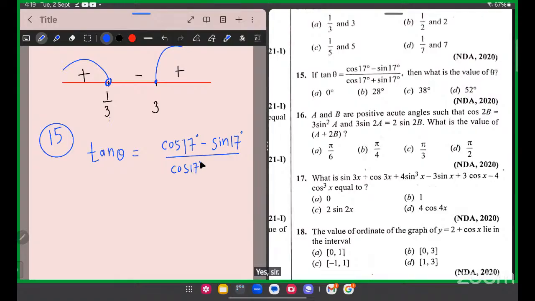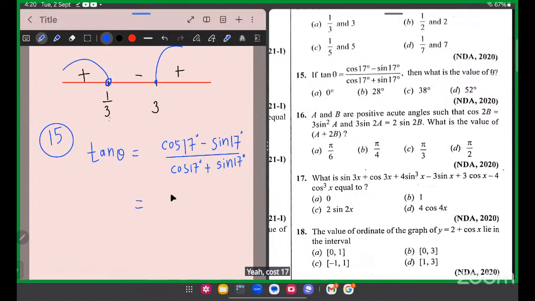Or one more thing you can do. See, we have got cos theta minus sin theta divided by cos theta plus sin theta. Yes or no? So we can just divide both numerator and denominator by cos 17.